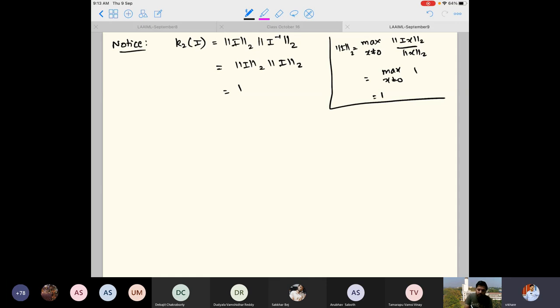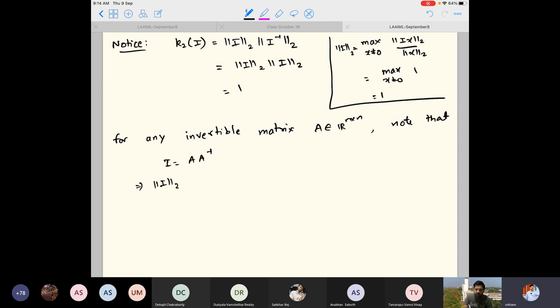Then what do I start with? For any invertible matrix A in R^(n by n), we note that identity is equal to A times A inverse, which implies that the 2 norm of the identity matrix is nothing but the 2 norm of A times A inverse.